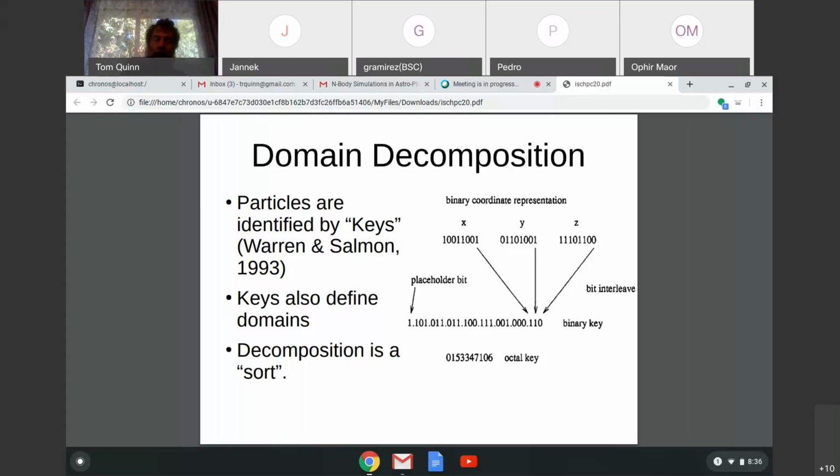And one way to construct a key is, let's represent our three-dimensional positions, x, y, and z, in terms of integer numbers, basically going from 0 on one side of the cube to 1 on the other side of the cube.